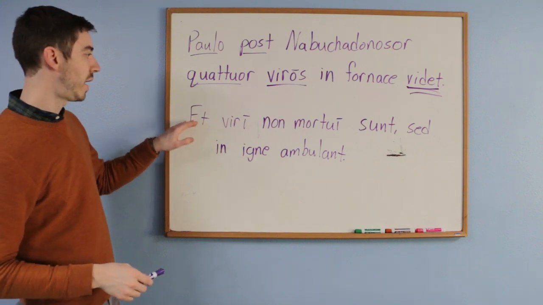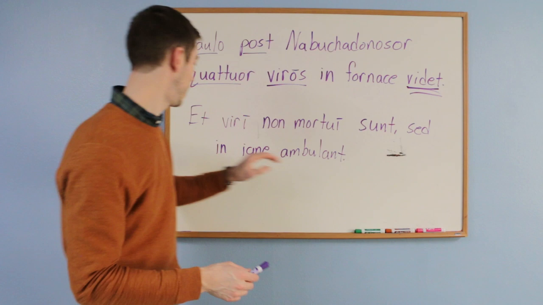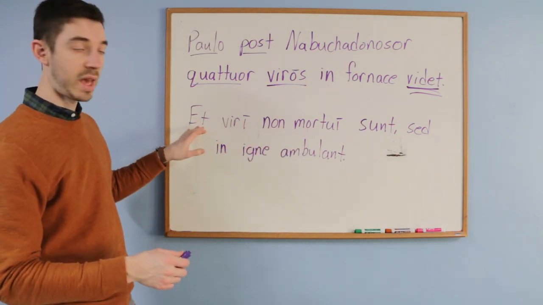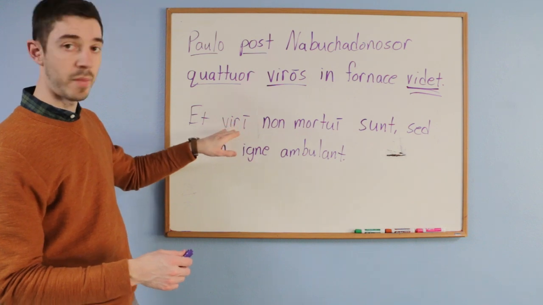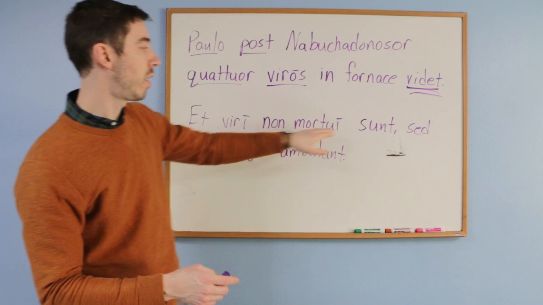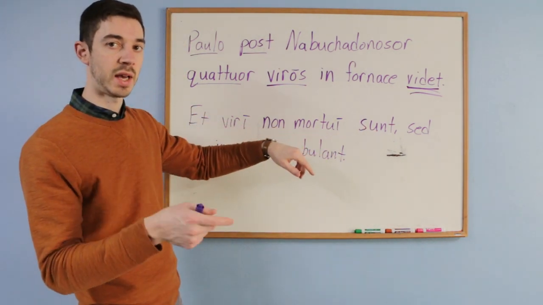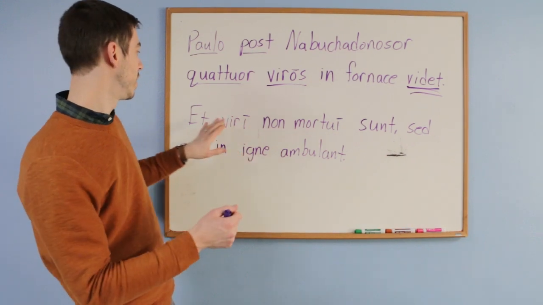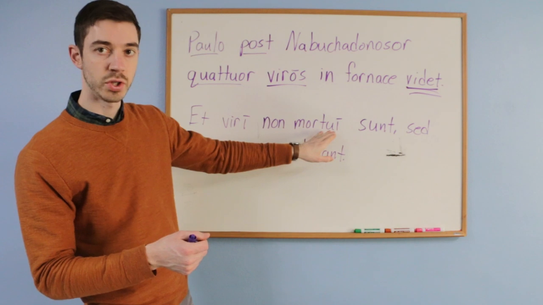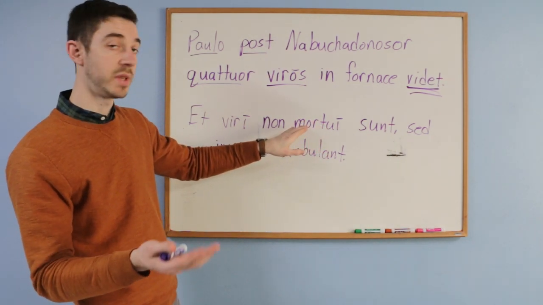All right. Et viri non mortui sunt sed in igne ambulant. So et means and the men, they are. So here we have a being linking verb. Remember, sum, es, est, sumus, estis, sunt. So and the men, they are non mortui. So mortui is from mortuus, mortua, mortuum, dead.